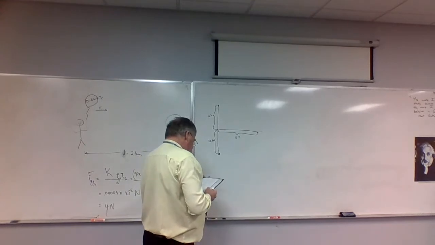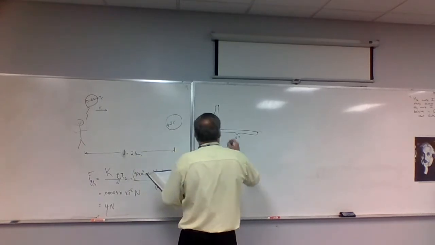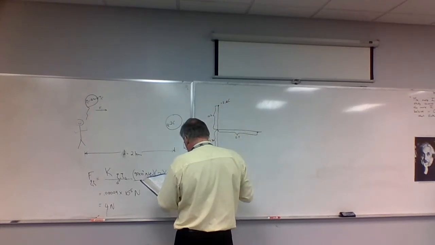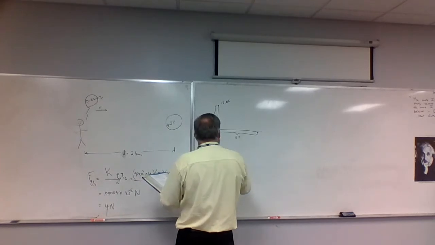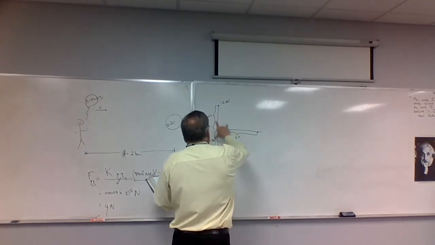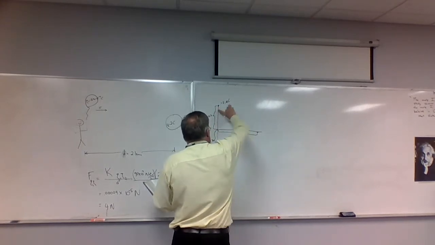Now we're given A is -2 microcoulombs. We'll learn a little bit more about what that says. This also is -2 microcoulombs. Now that's handy because these distances are the same.